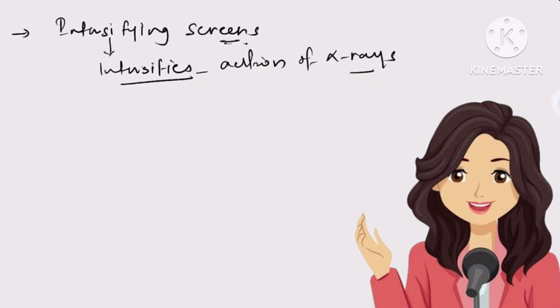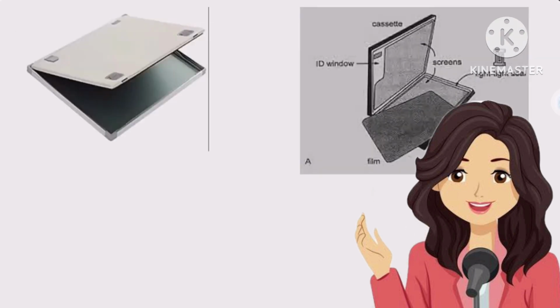Now, when you look at this, see, I was talking about cassette. This is a cassette, extraoral cassette. Inside this cassette, we have the intensifying screens already placed. This is a white cardboard sheet like paper, which is there inside this cassette on the sides of the mouth of the cassette.